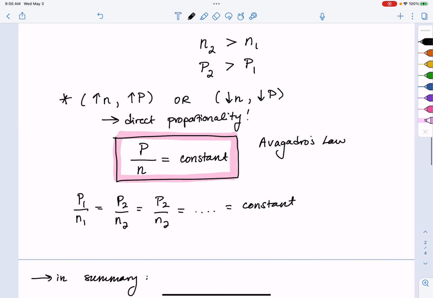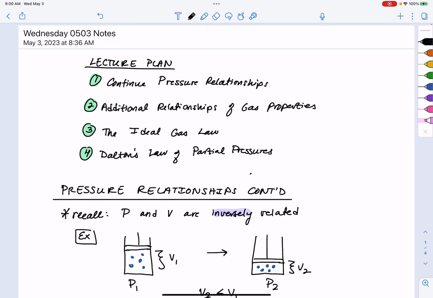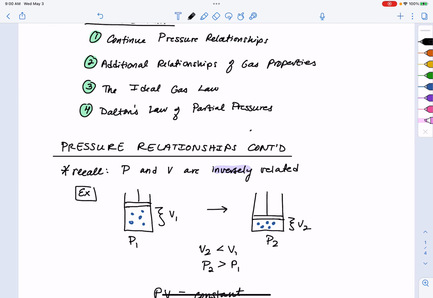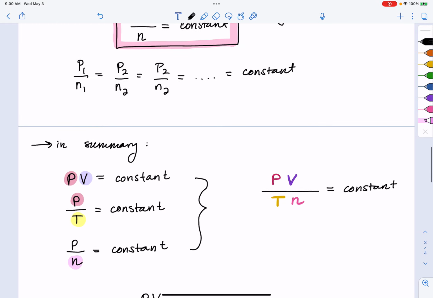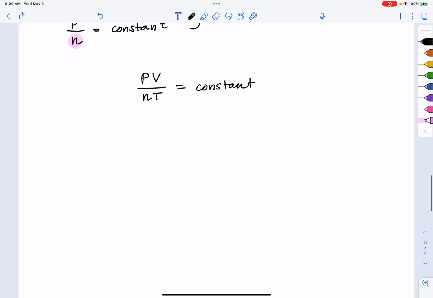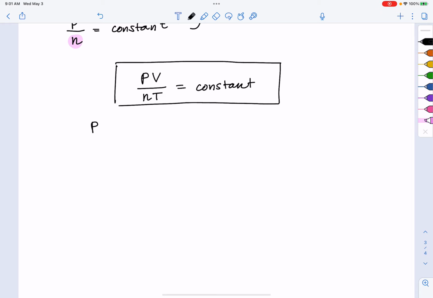Now, we're going to hold on to that because it's coming up. So let's keep a look at this equation. This is combining all of our pressure relationships so far. And remember, just like I said with our other things, this means that I could look at initial conditions of pressure, volume, moles, and temperature.